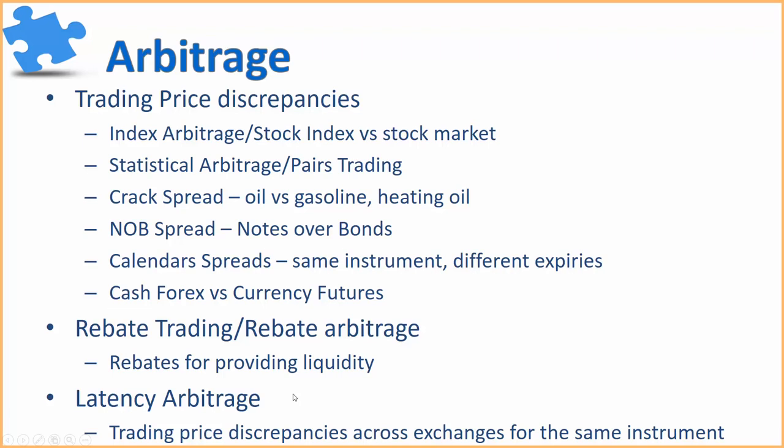Now, one of the ones that is quite popular that most people know about is index arbitrage, and that's trading an index derivative such as the S&P 500 futures against a basket of stocks. So when the futures and the stocks diverge too much, like if the futures go up and the stocks go down, then an arbitrage opportunity occurs. And in that case, they would sell the futures and buy the stocks.